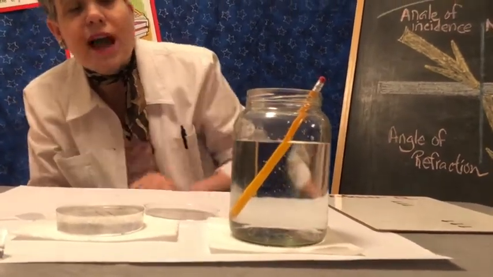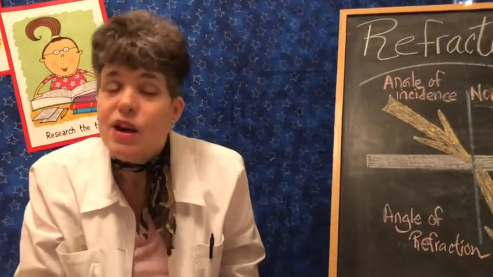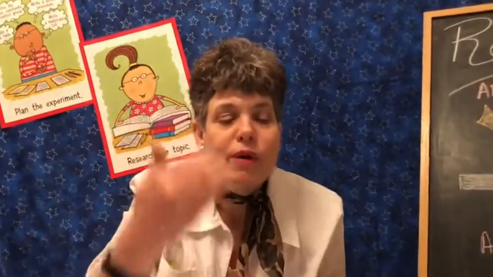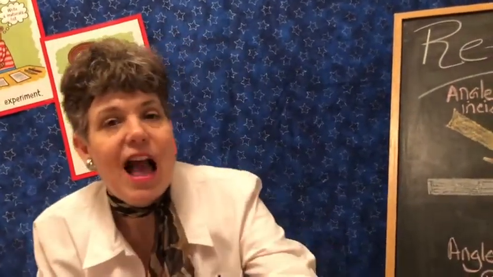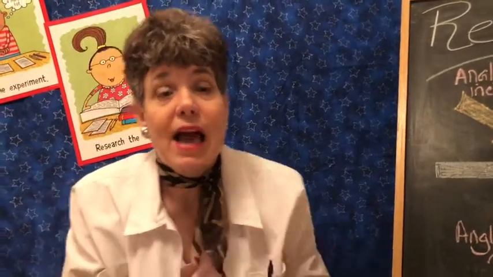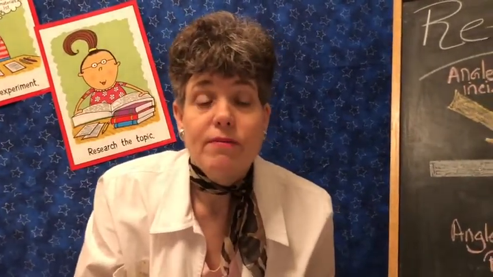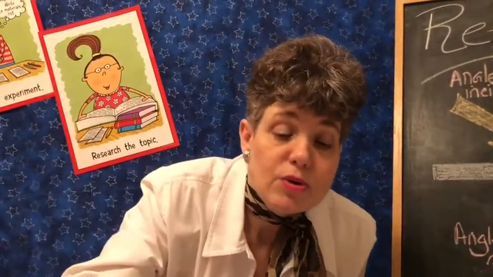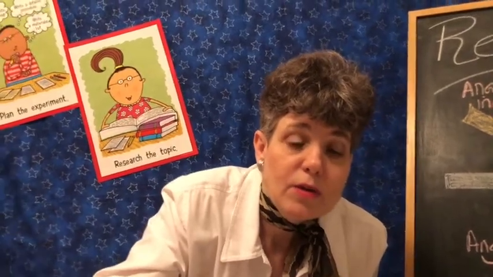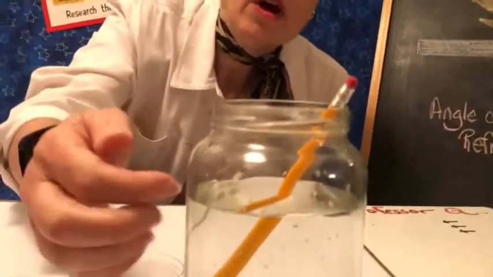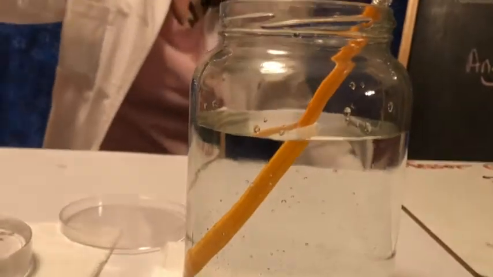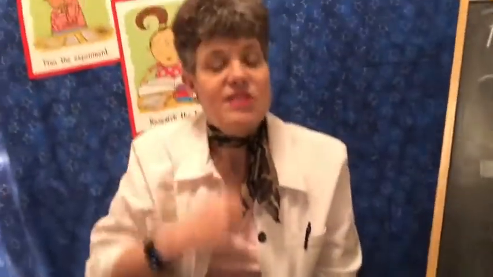Now, is this pencil actually bending? No, it is not. It's what we are visually observing, how light is behaving as a light wave. Because the light ray goes to the water, it goes through the glass, and then it will come back out the glass, and then back to our eye. And that's how we see.